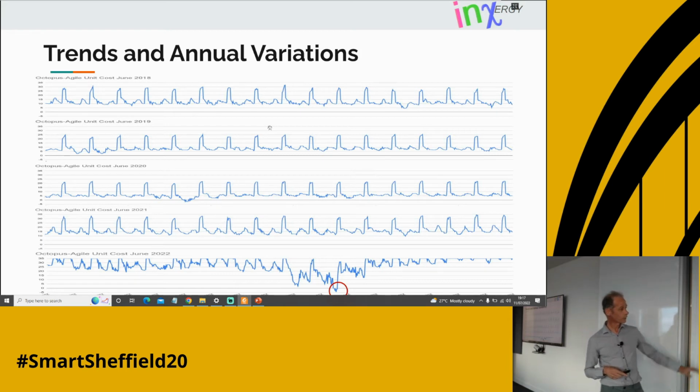However, on a good day, and maybe one day again in the future, we might see it back to this more normal case where we do see this kind of factor of 4 or 5 between peak use energy and off-peak energy. So it's like Economy 7, but it's more agile.